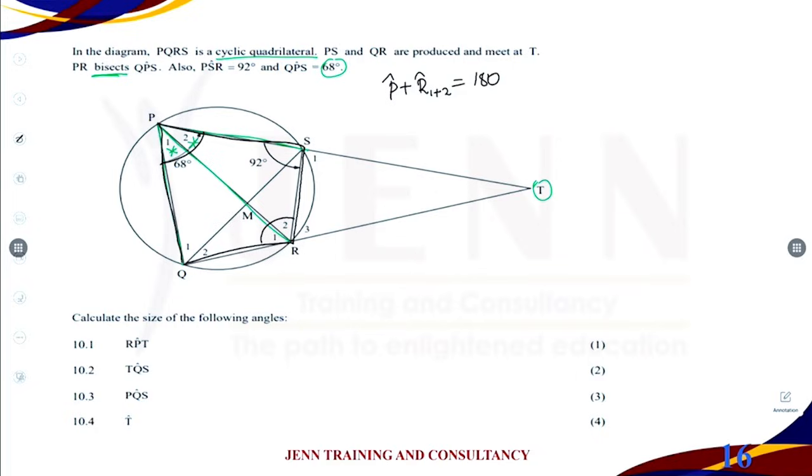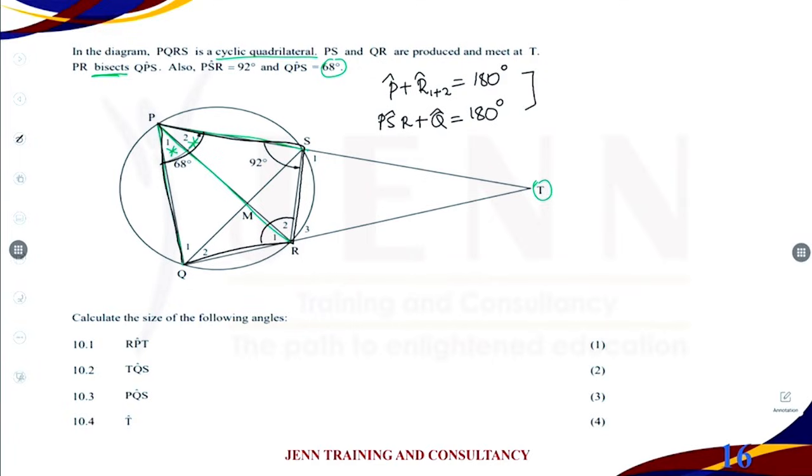And also the size of angle PSR plus angle Q must also give me 180 degrees because it's circle geometry. Remember, whatever you do, you must provide a reason. So the size of angle PSR, which is 98, plus the size of angle Q, the two must add up to 180.